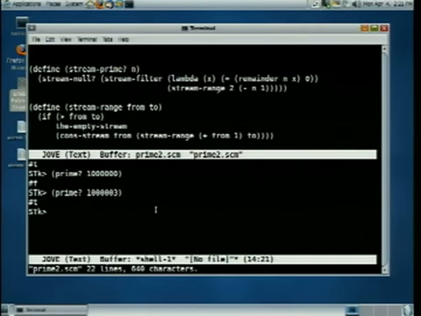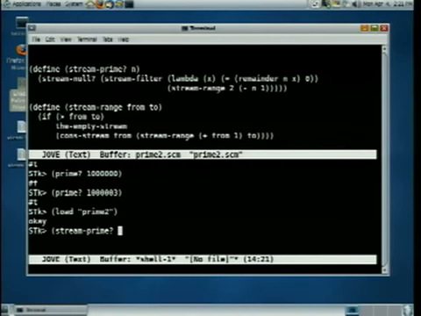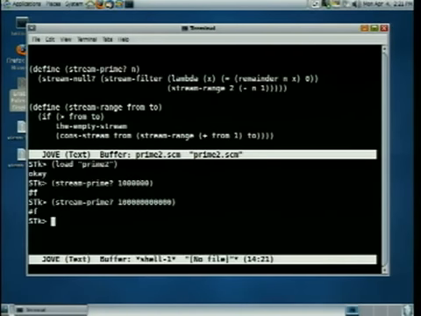All right, and now if we load this, I can now say stream prime? of 1,000,000, and get false right away, or any number you like. False.